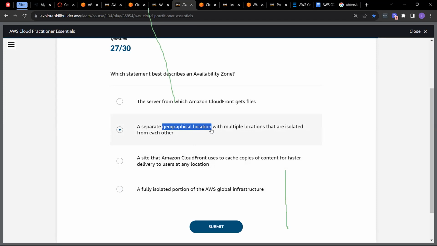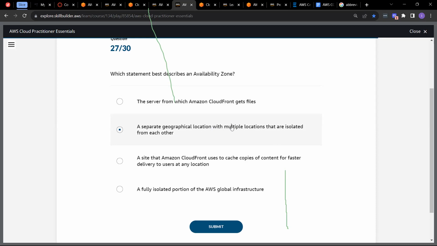A fully isolated portion of the AWS global infrastructure. We are looking at a separate geographical location with locations that are isolated from each other. The availability zones are isolated. So this is a region, the geographical location in the AWS infrastructure.